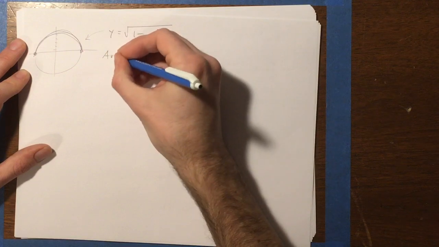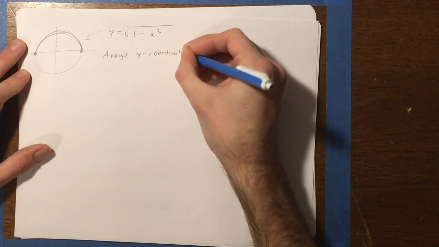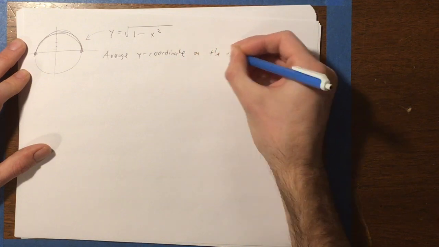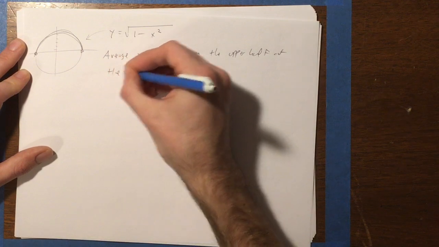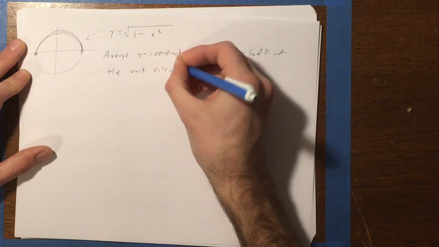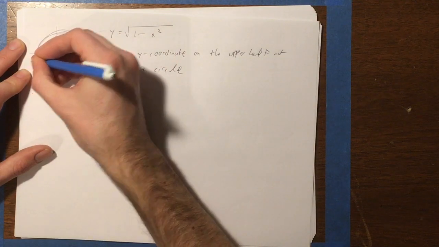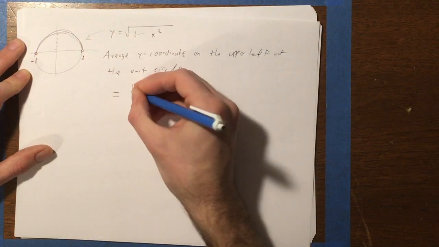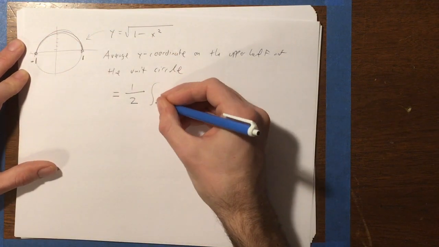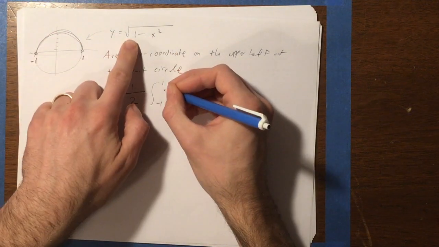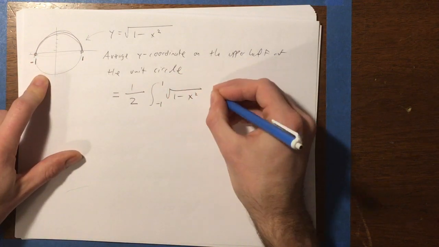So the average y coordinate on the upper half of the unit circle, perhaps we could calculate that as, since this goes from -1 to 1, the length of that interval is 2 units, so 1 over 2 times the integral from -1 to 1 of this function which describes the upper half circle, square root of 1 minus x squared dx.